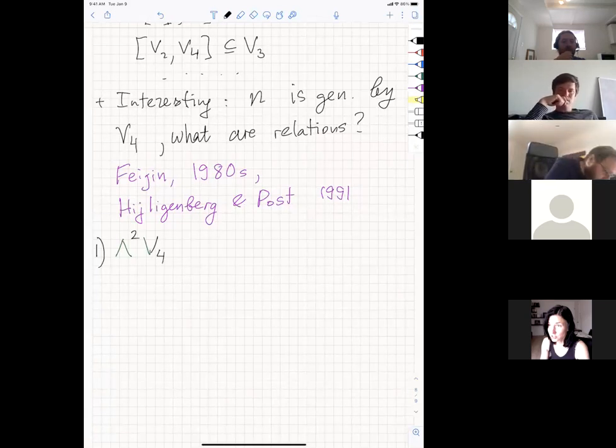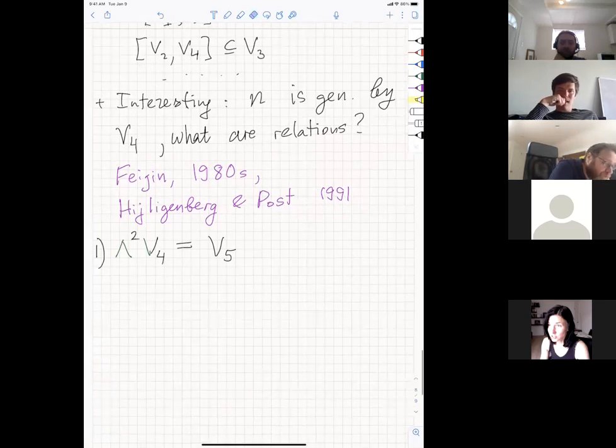For the SL2 representation, this is just a 6-dimensional representation, which is V1 plus V5: the trivial representation plus a 5-dimensional representation. And then this trivial copy has to be killed. So the first relation, let me call this phi1 and phi2.